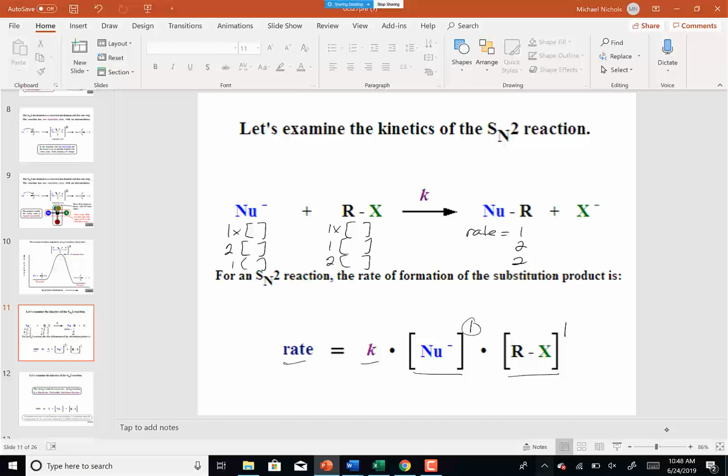If you double the concentration of a reactant and the rate doubles, we say that reaction is first order in that reactant. So this means that it's first order in nucleophile and it's first order in alkyl halide.